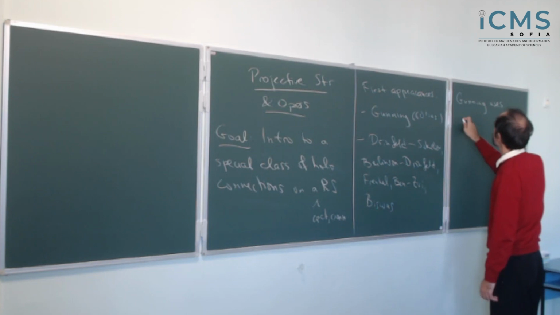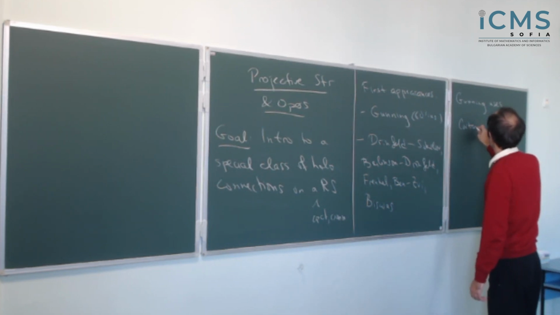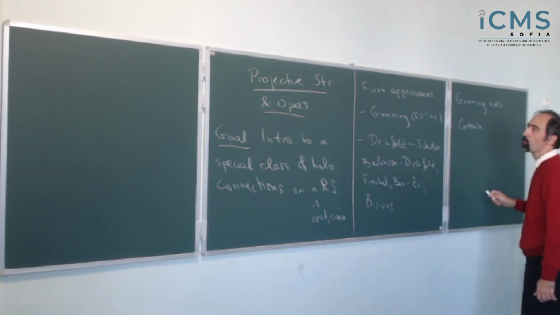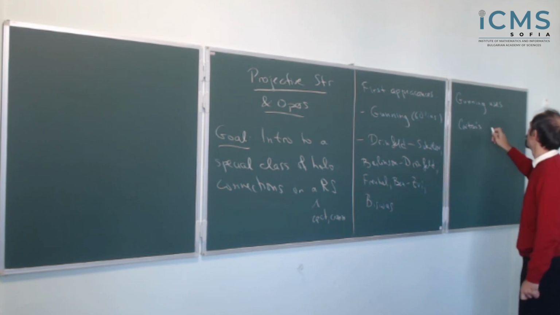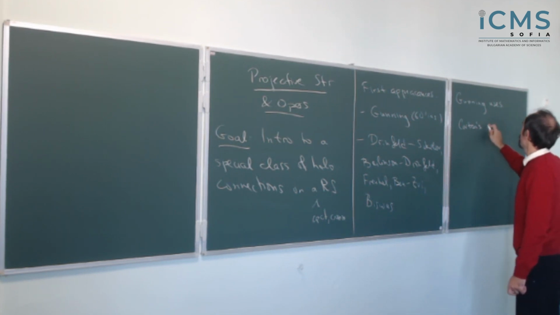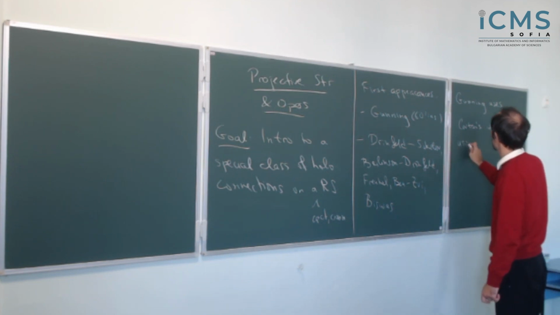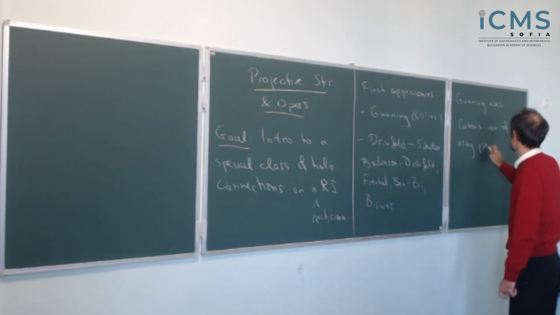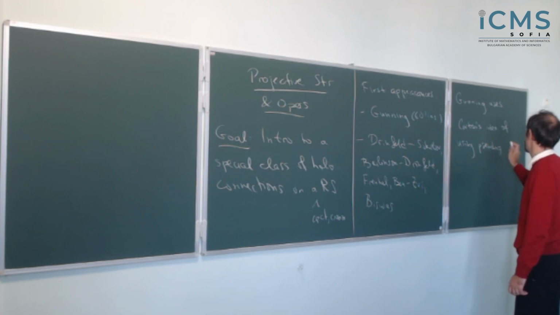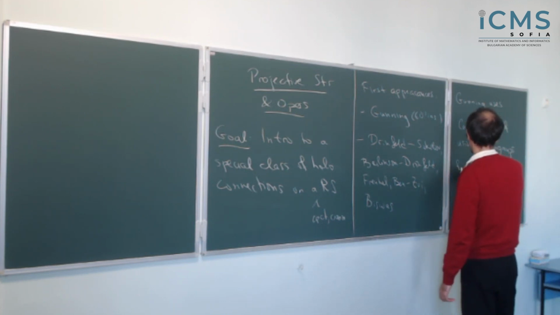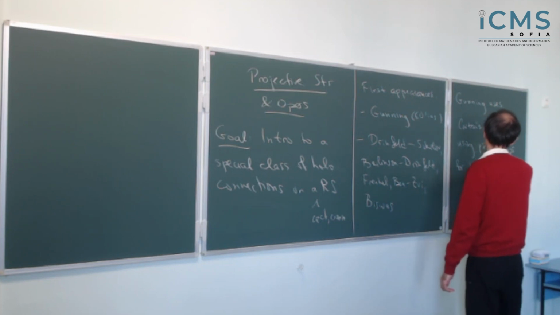So Gunning uses Cartan's idea of using pseudogroups for describing geometric structures.